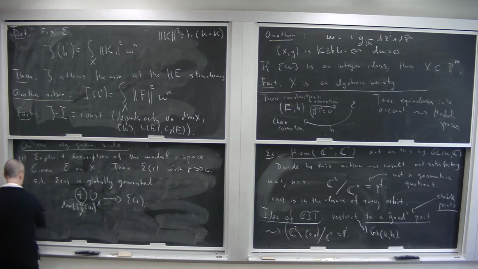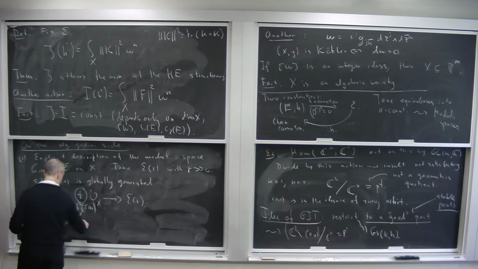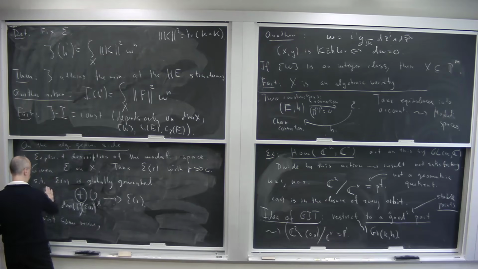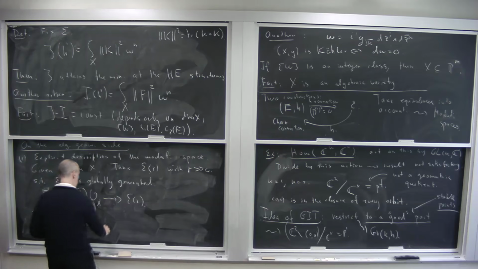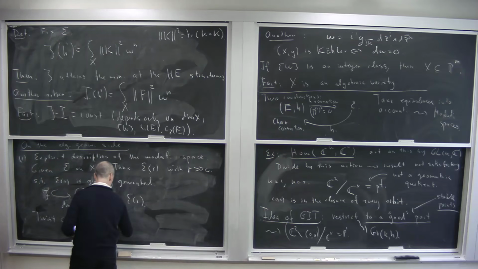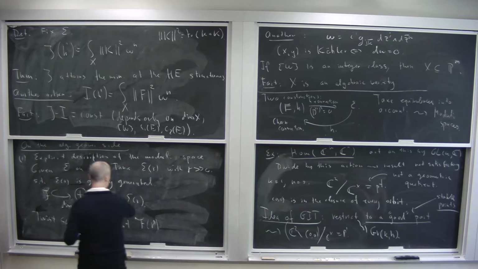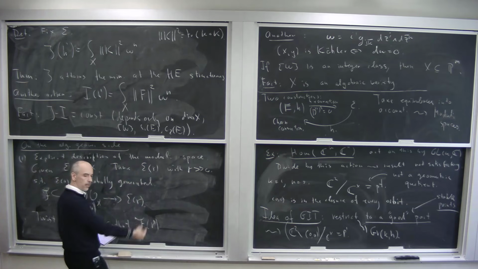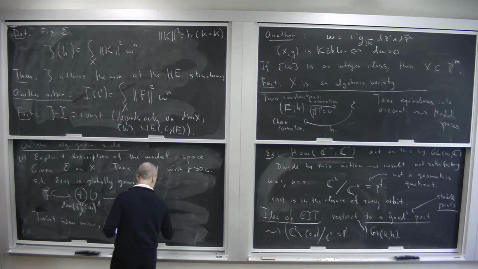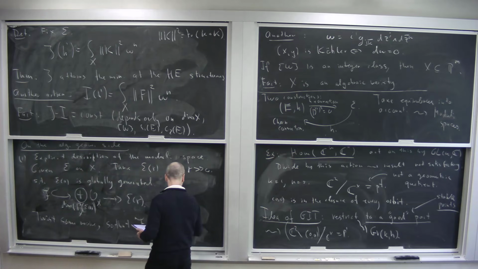Now, usually that will not be enough. You need to twist some more, so that the kernel F, with an additional twist by R prime, is also globally generated.